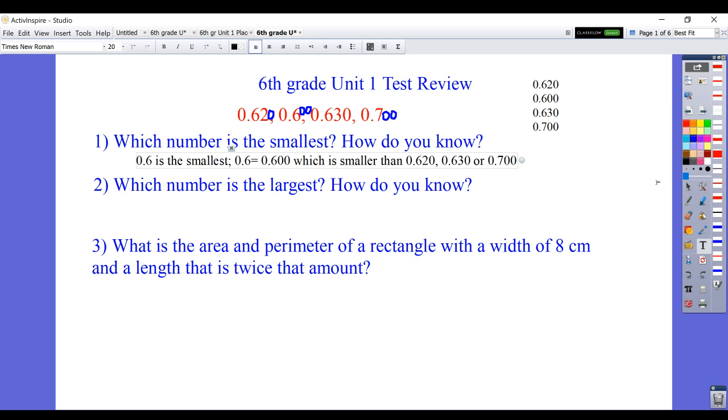Okay. Which number is the largest? How do you know? And again, if you look at these options, you can see once we've added those non-essential zeros, it's more obvious that the largest number then is the 0.7. And again, why is that the largest? How do we know?